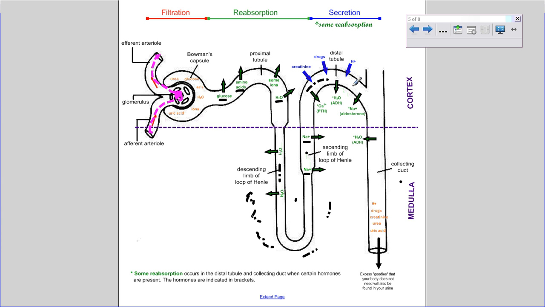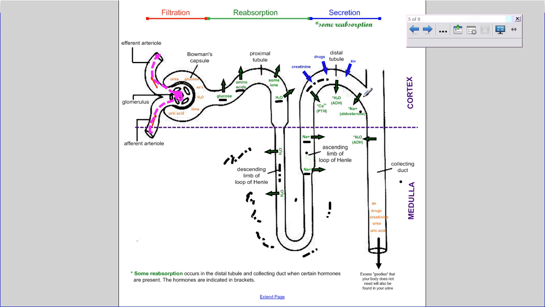Okay, the last one is if aldosterone is present, then we'll reabsorb sodium. Now, we talked about this with the other schematic diagram. Aldosterone is released when your blood pressure is low. And the reason for it is whenever the sodium is reabsorbed, we know what always follows sodium, just like out here.